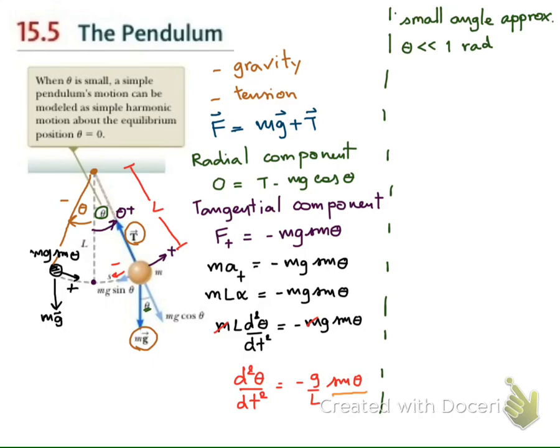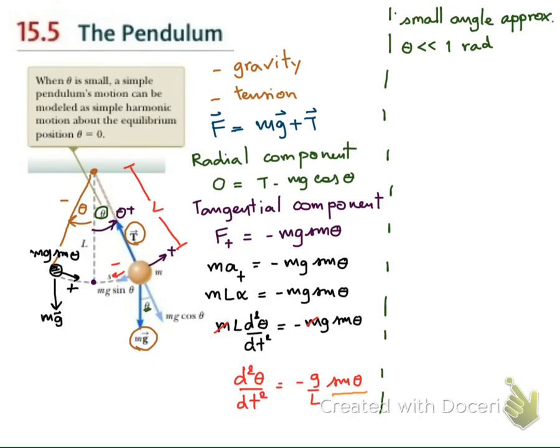But 1 radian is about 60 degrees. So if theta is about 5 degrees, we can assume the small angle approximation also. So you have to be careful when we say that theta is small.